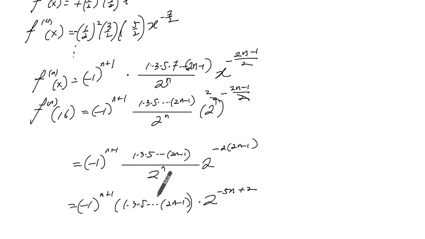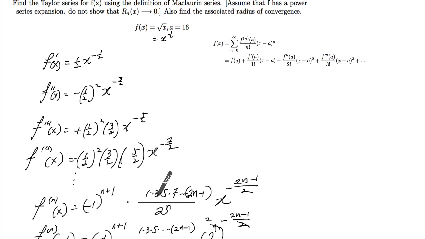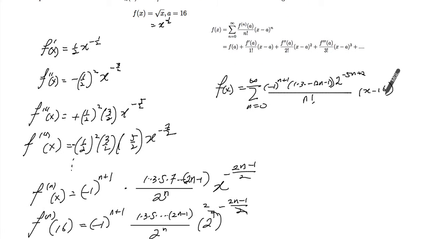The Taylor series is just going to be, right, this, just copy and paste this here. Taylor series, and let's test for convergence. So we just have to change the n to n plus 1.